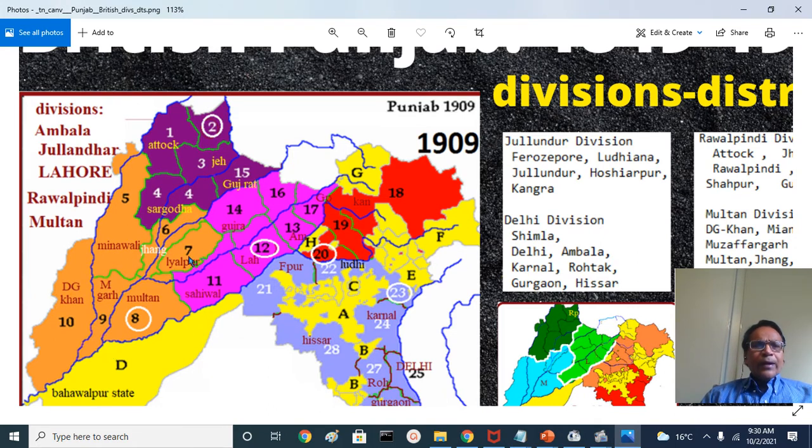That is Jhang district, and Jhang district overlaps a lot of rivers. This is the Jhelum river, and this is the Chenab river, and this is the Ravi river.